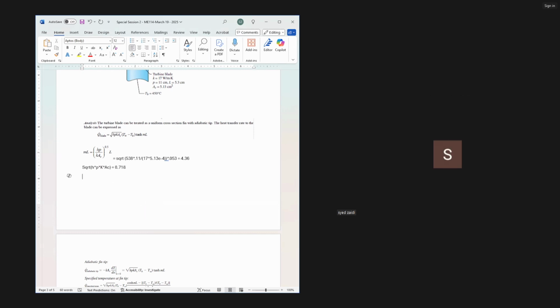Okay, so if this is done, you can calculate Q dot. So Q dot will be equal to 0.718 multiplied by T infinity minus TB. So T infinity minus T base, which is 450, and multiplied by tanh(ML), where ML is 4.36.